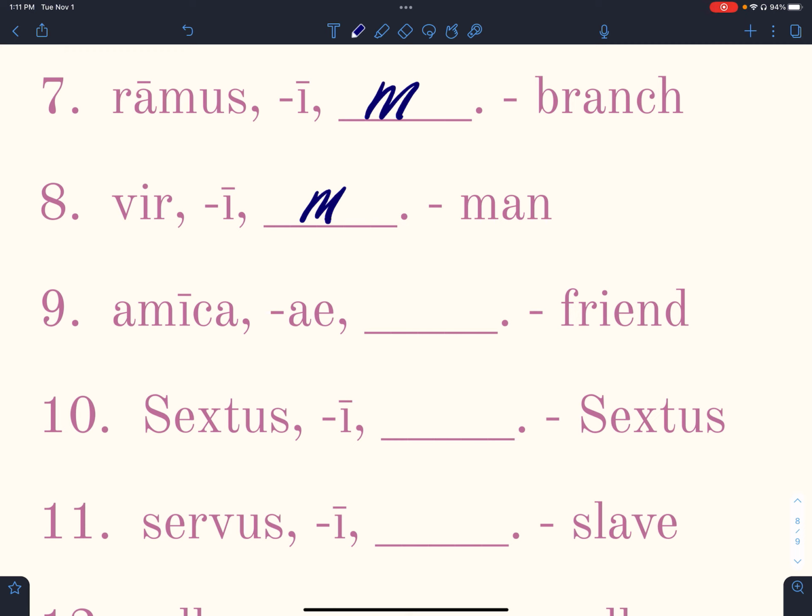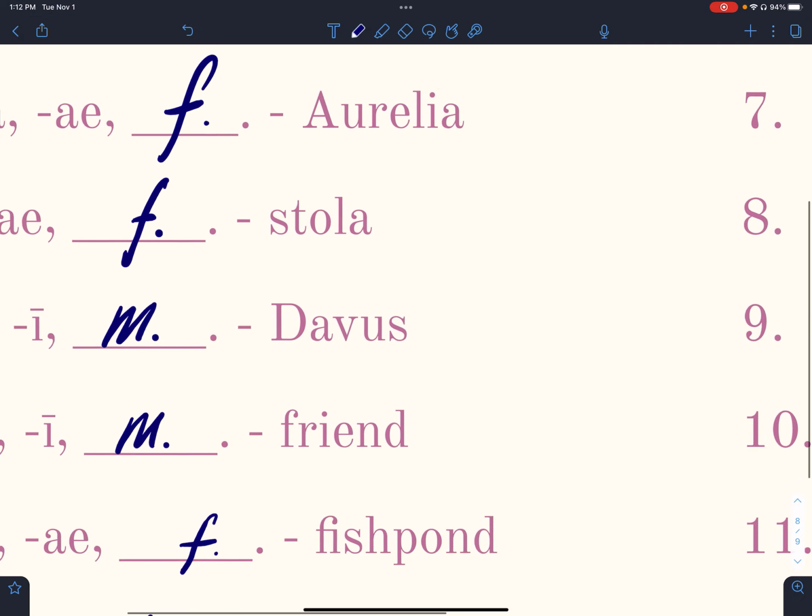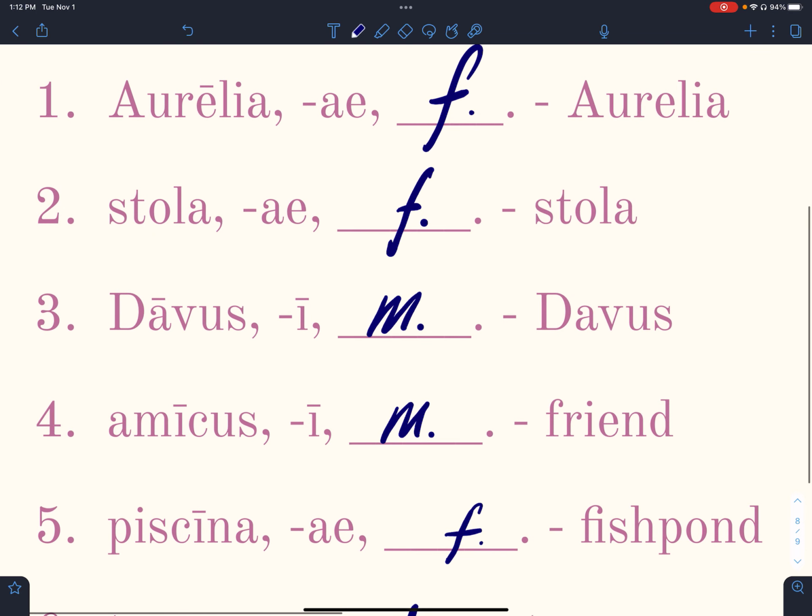Okay. What's the pattern? There is kind of, sort of. Let me just go back really quickly. If you notice, Aurelia, feminine. Stola, feminine. Piscina, feminine. Davus, Davi is going to be masculine.